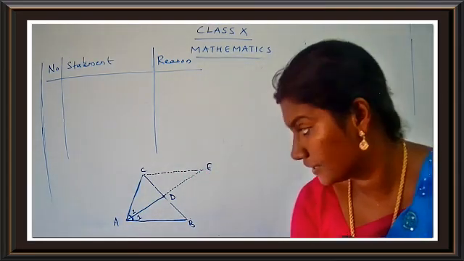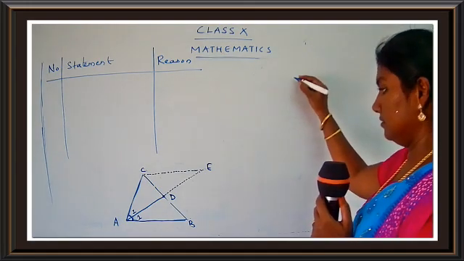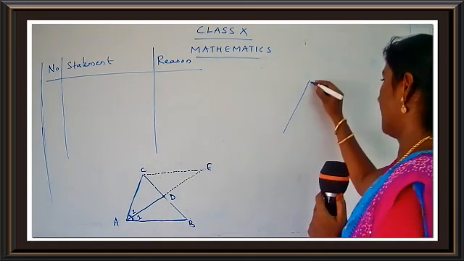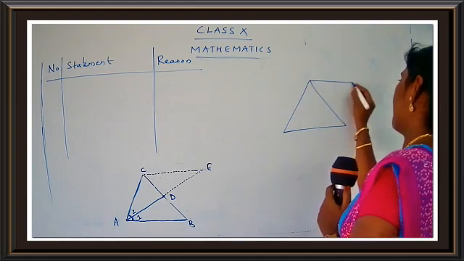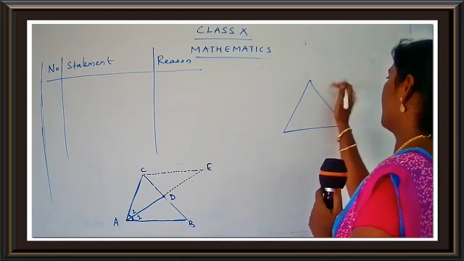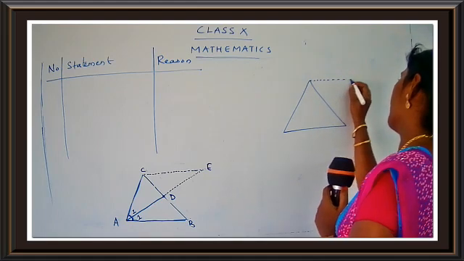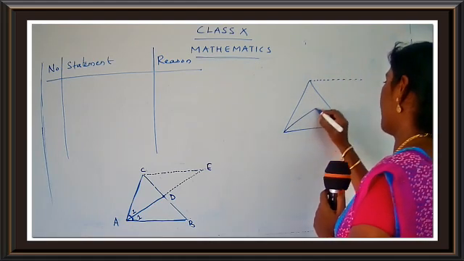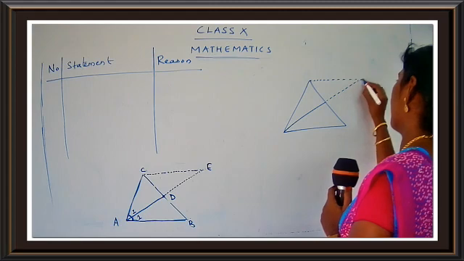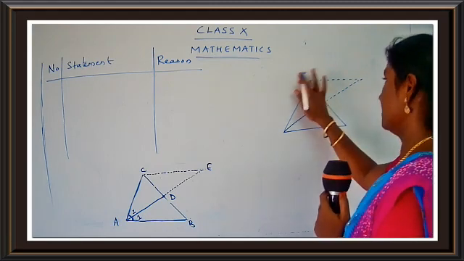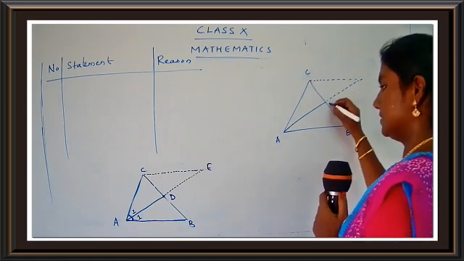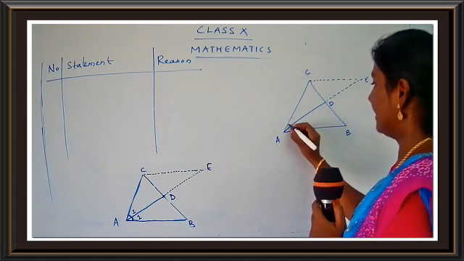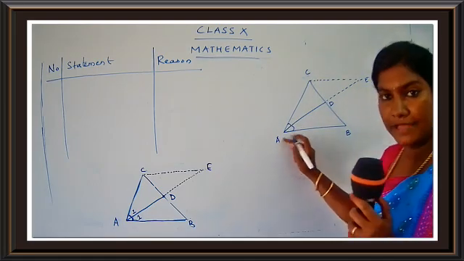I just draw this figure here because I need the figure. A here, B, C, E, and I told you this angle A, we have an internal bisector.